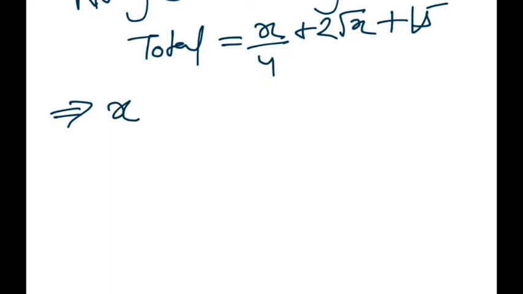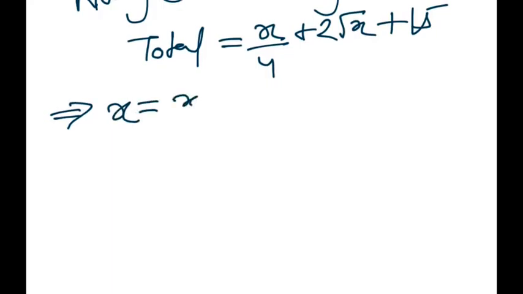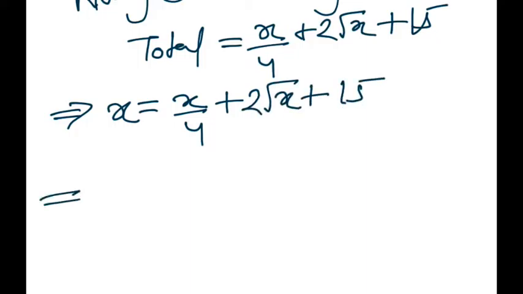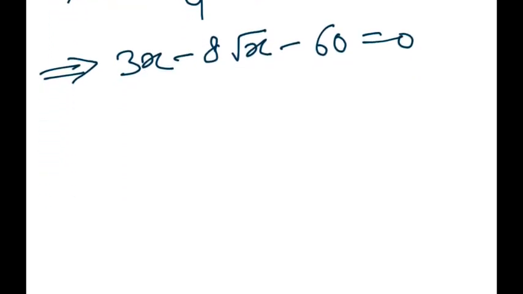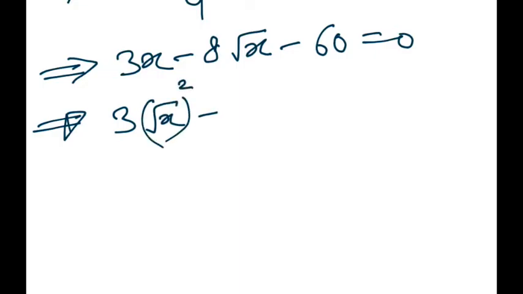This means x was the total, x equals x by 4 plus 2 root x plus 15. Now solving this, we'll get 3x minus 8 root x minus 60 equals 0. Now I can write this as 3 under root x square minus 8 under root x minus 60.